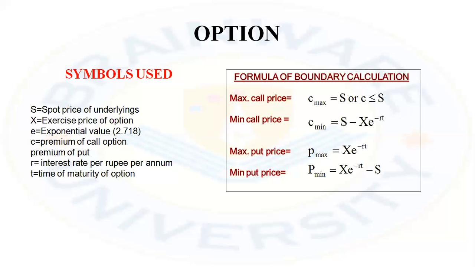But the intrinsic value of the put is calculated by deducting spot price S from exercise price. So X minus S is normally the intrinsic value of the put. But since X is receivable in future, what we will do is again calculate the present value of the X, which is X into e to the power minus rt.